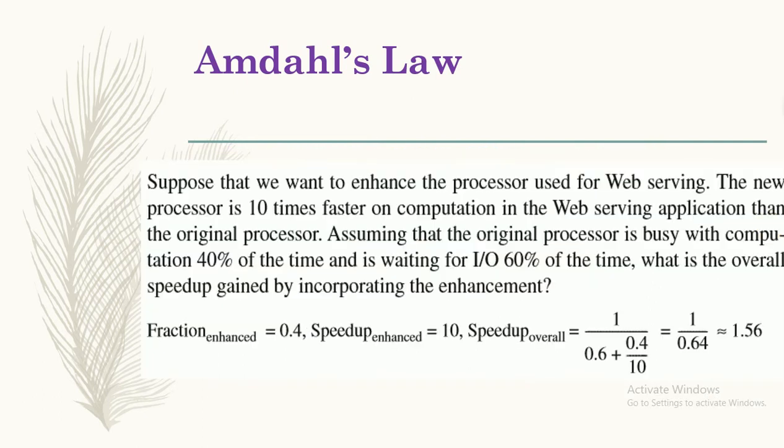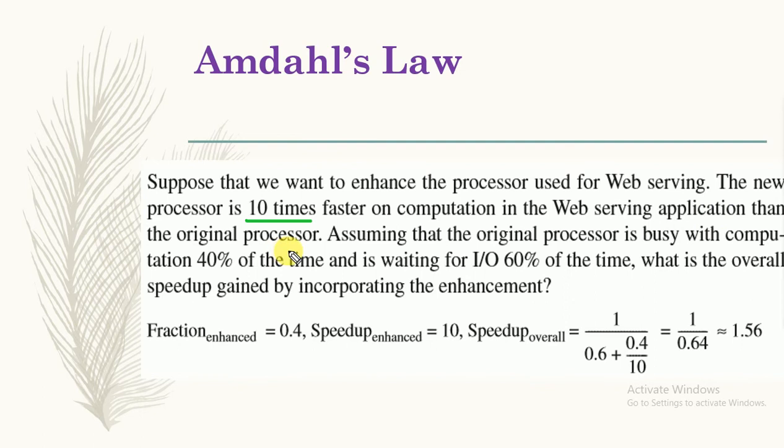So one example is given. Just look at this. Just remember the previous formulas. Suppose that we want to enhance the processor used for web serving. We want to enhance the processor. The new processor is 10 times faster on computation in the web serving application than the original processor.